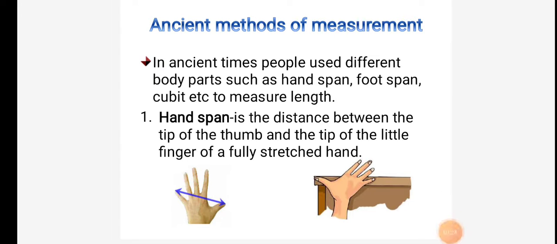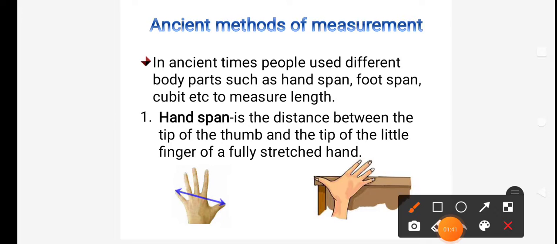Ancient methods of measurement. In ancient times, people used different body parts such as handspan, footspan, cubit, etc. to measure length. First, handspan. Handspan is the distance between the tip of the thumb and the tip of the little finger of a fully stretched hand.